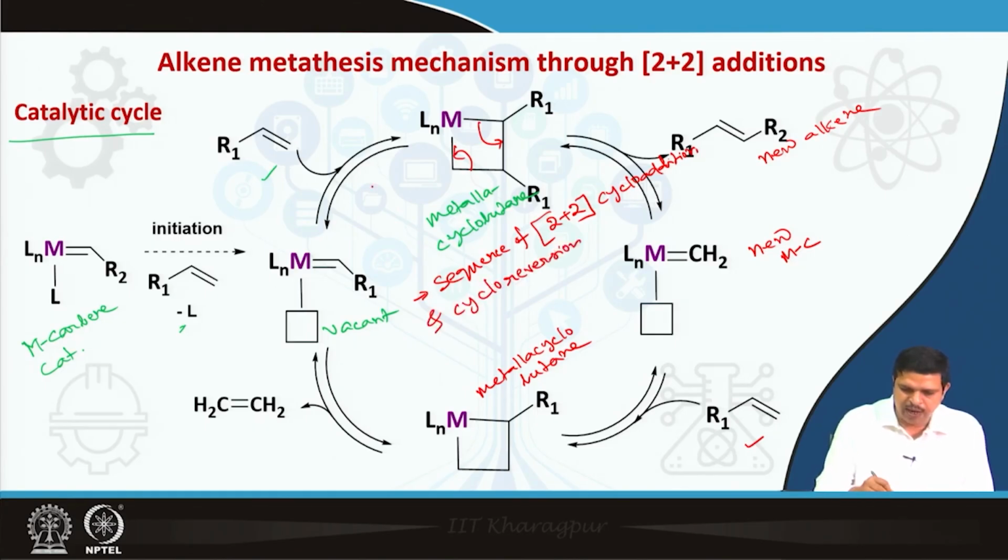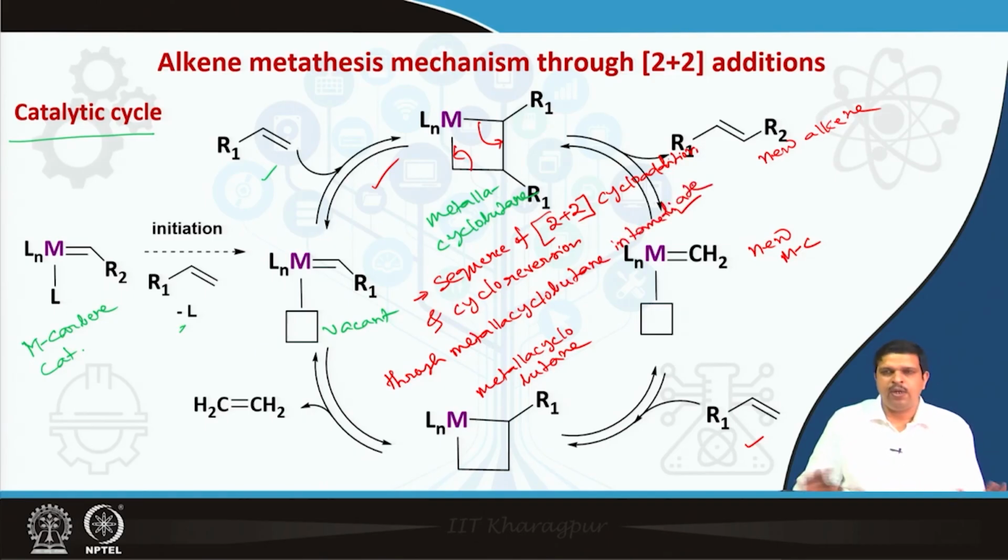You will see this addition and this cycloreversion, breaking and forming the cyclobutane and then making the cyclobutane, and it is a repetitive pathway through the metallocyclobutane intermediate. So I hope this is very clear. The alkene metathesis mechanism proceeds through a 2+2 cycloaddition reaction, through a non-pairwise mechanism, through metallocyclobutane formation.